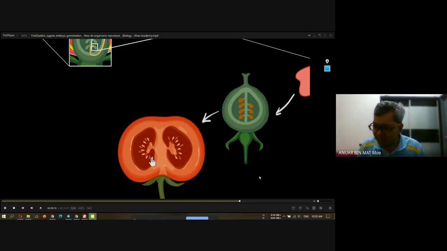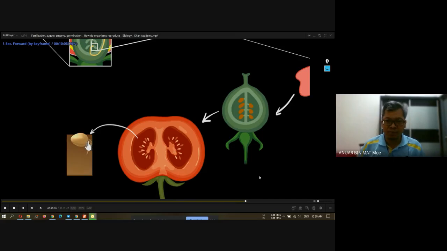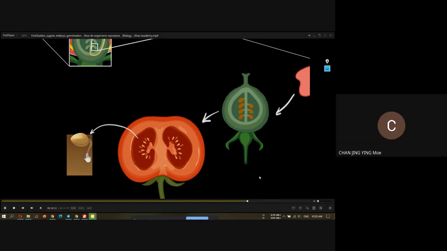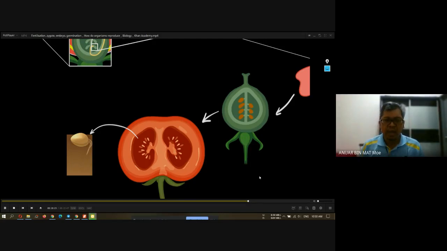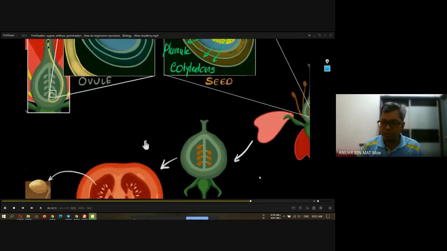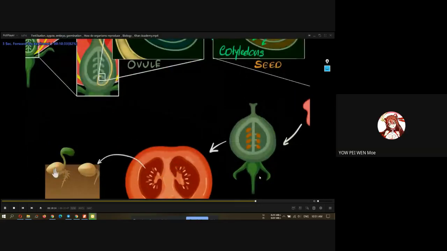Not a baby, baby is in human and animal only, but for plant it will become fruit. And what is inside the fruit? Inside the fruit we have seed. If the seed drops to the ground, it will become a new plant.